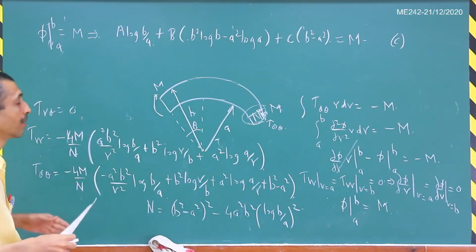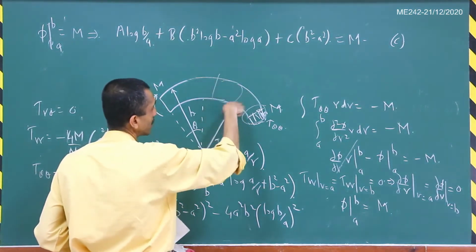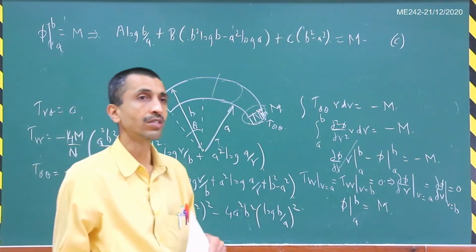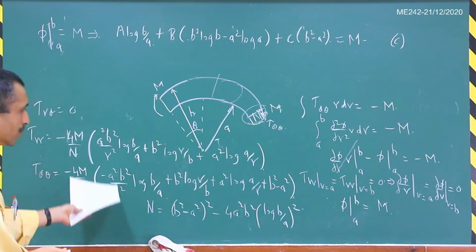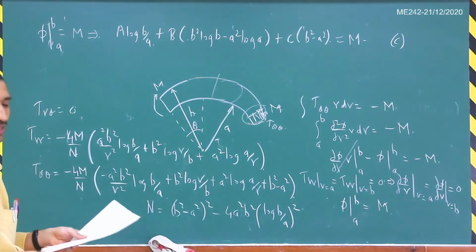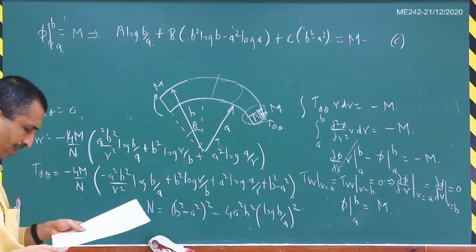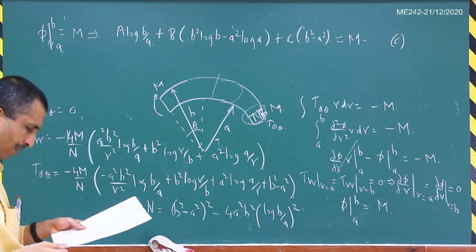But far away from these ends, so let's say in this region, which is far away from the loaded end, the distribution of the stress will be very, very close to the distribution of the stresses that is listed here, right? So this is how we invoke Saint-Venant's principle for this particular case here. Okay.